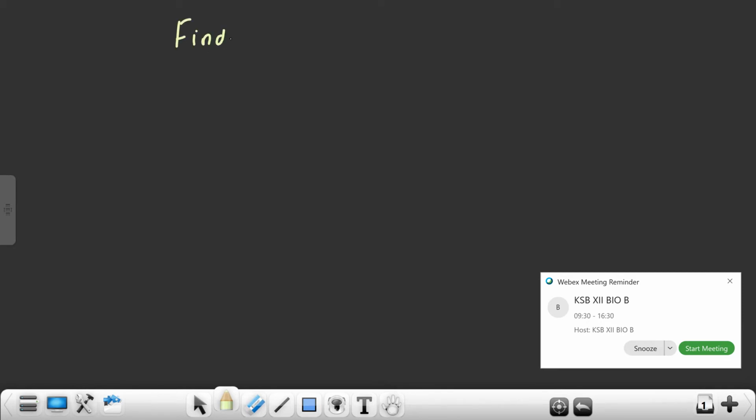Find root of 0.444, etc. in decimal form. We cannot find the value of root of 0.444, etc. in direct method. So first convert this decimal into fraction.